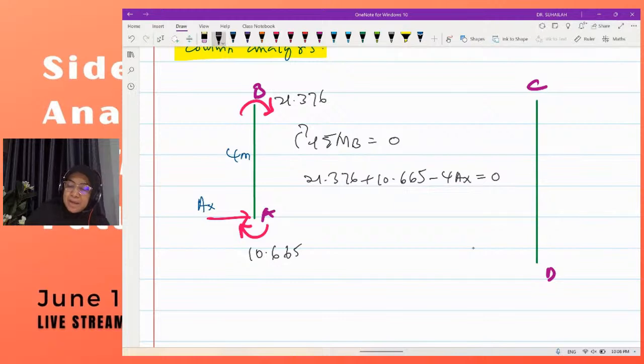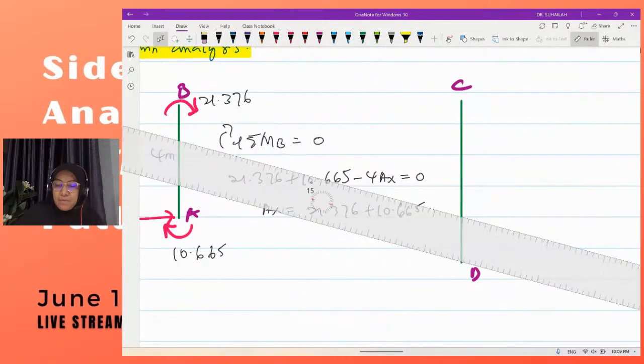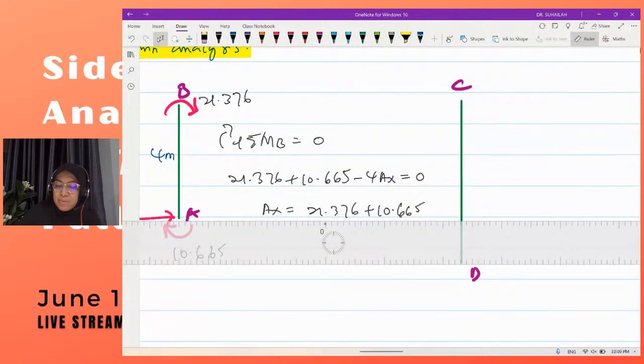So we get Ax equal to 21.376 plus 10.665, divided by 4. This is just static equilibrium.